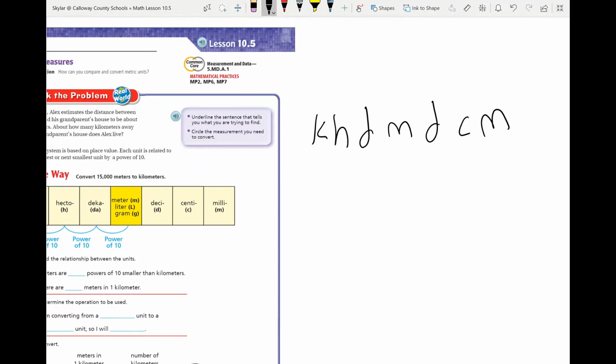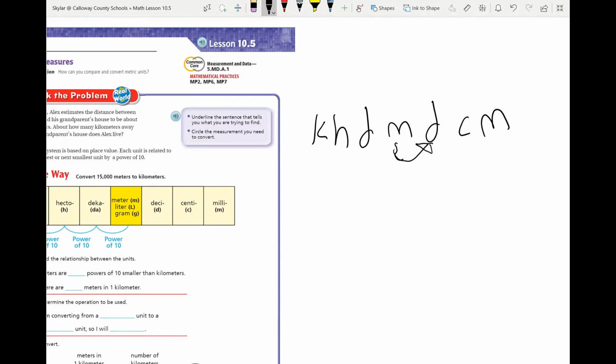Now, whenever you're working with these, every time you move to the right, you increase by a power of 10. So, whenever you go from, let's say, meter to decimeter, you're moving to the right, so you're going to multiply.